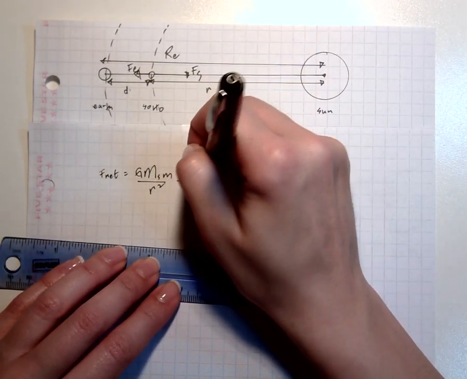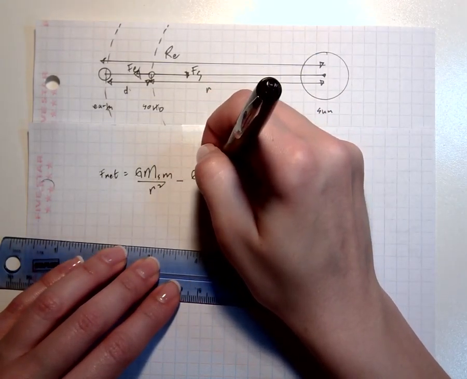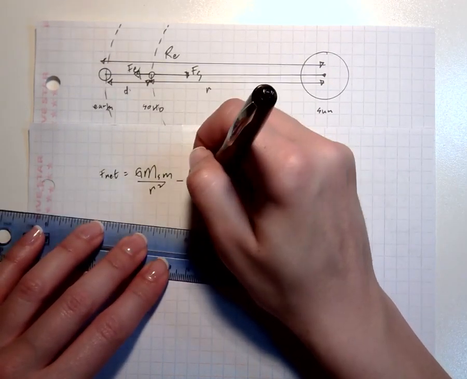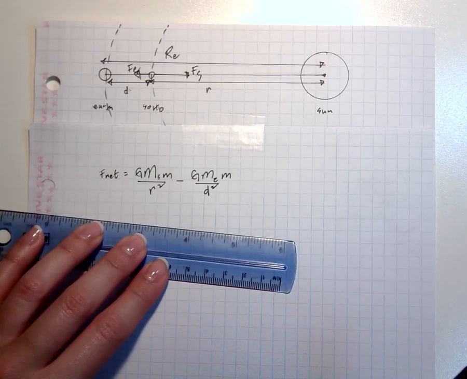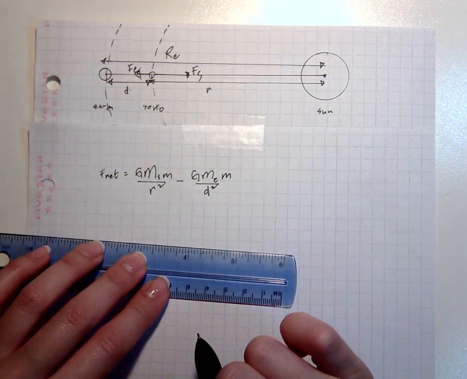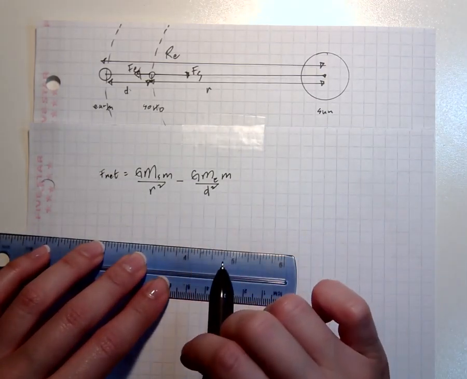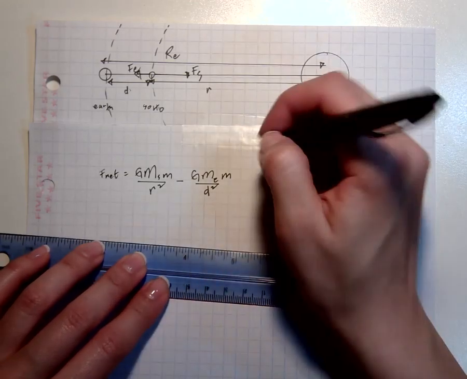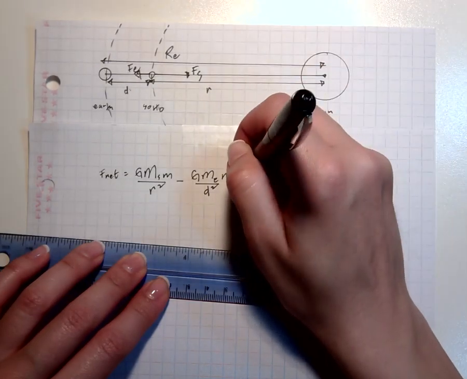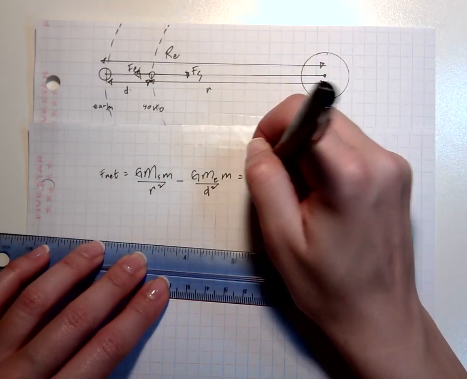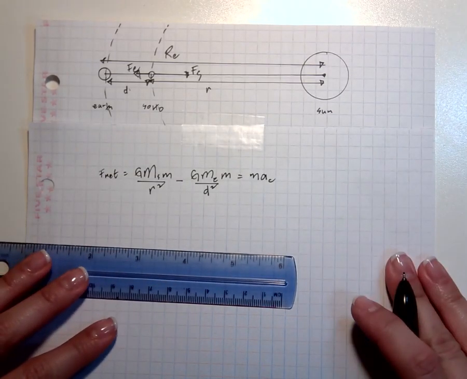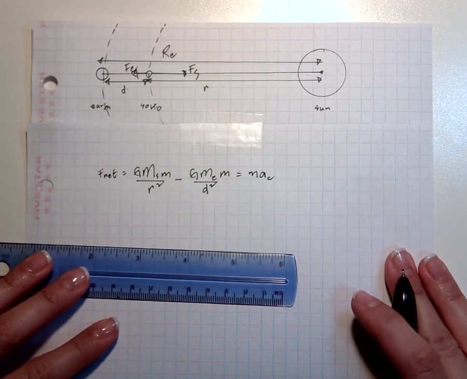We'll take in the other direction G times the mass of the Earth times the mass of the satellite divided by d squared. That's the difference between the two forces, and we'll just call the force toward the Earth in the negative direction, in the opposite direction. We said that the net force was a centripetal force, so that means that those two forces sum up to the mass times the centripetal acceleration.